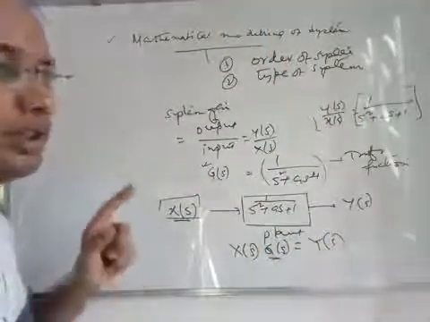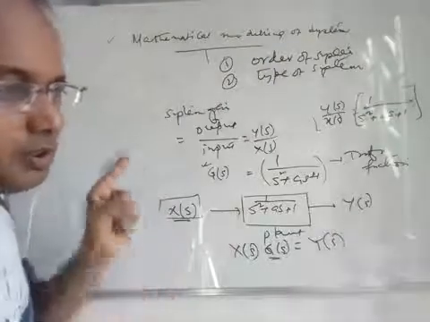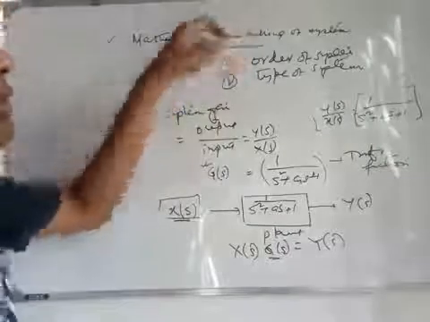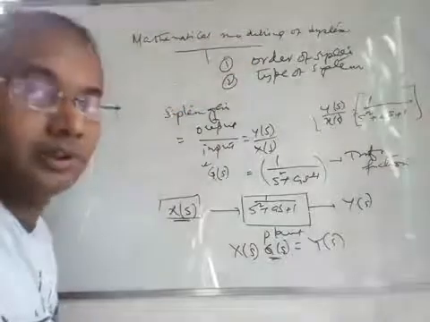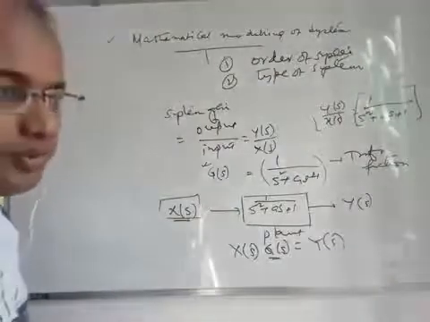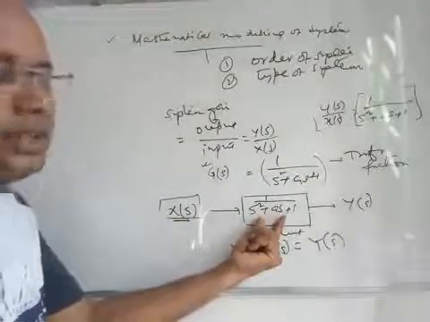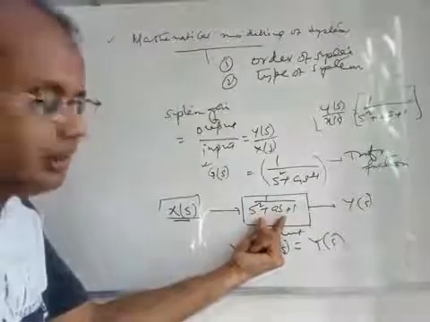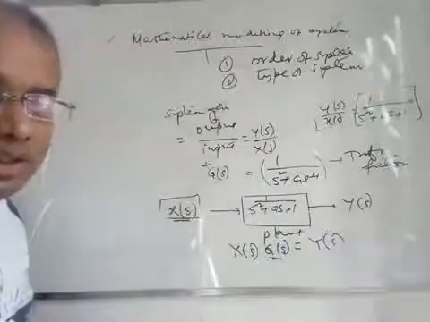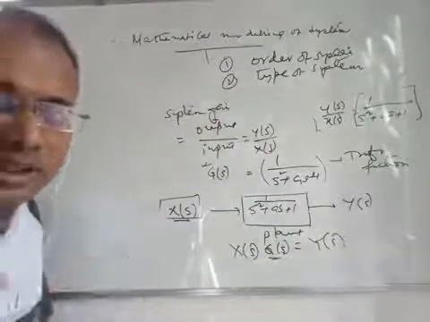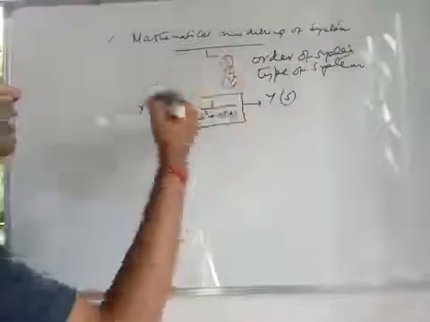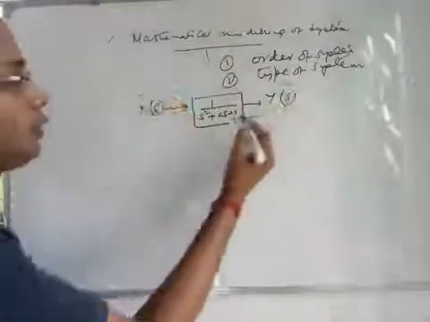These are very important terms, because once you go on designing any system, these will be terms which will be frequently coming, and we will discuss them in terms of the type of the system or order of the system. Now if the transfer function is like this, then what is the order and what is the type of the system, that I'm discussing in this lecture only. So this is our system, this is your input, this is your output.